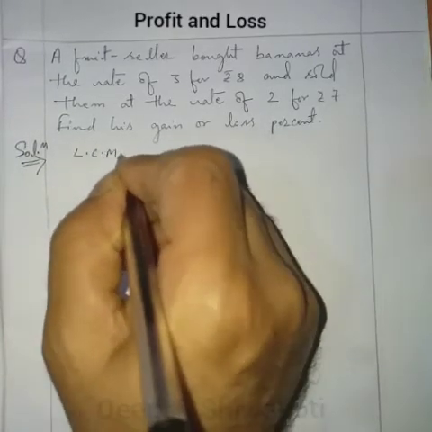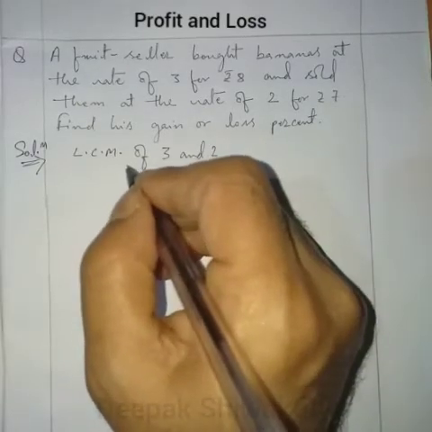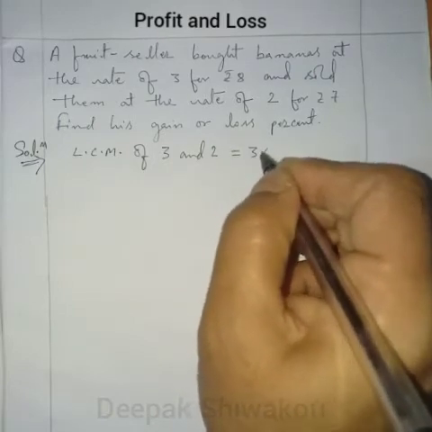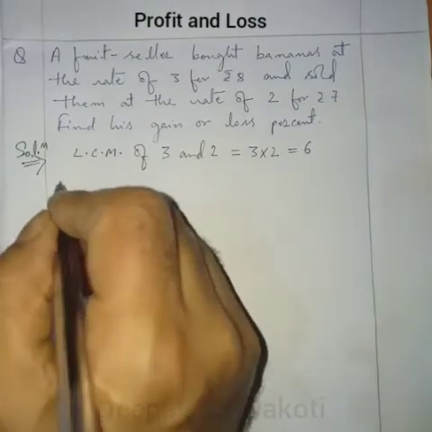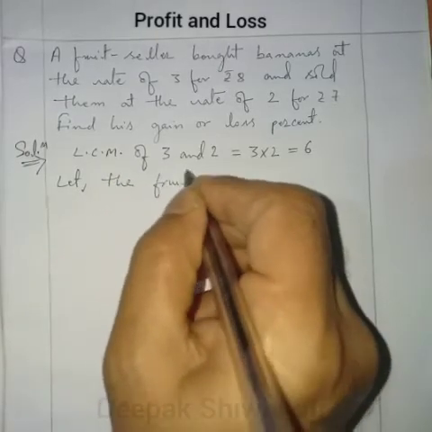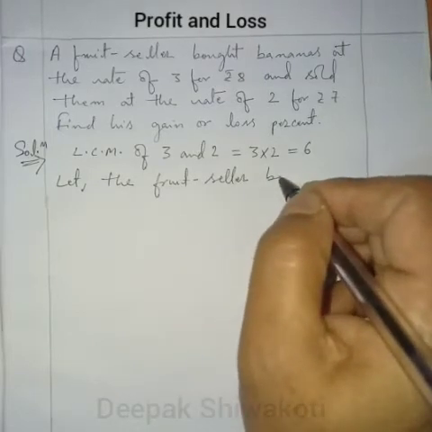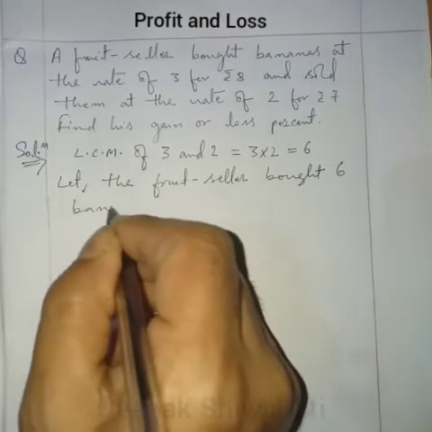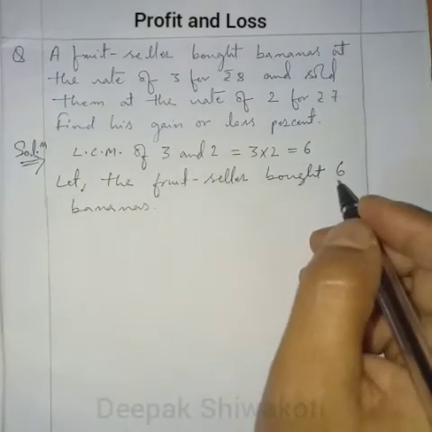LCM of 3 and 2, that is lowest common multiple, LCM is equals to 3 into 2, that is 6 we got. Now let us assume the fruit seller bought 6 bananas, instead of 3.